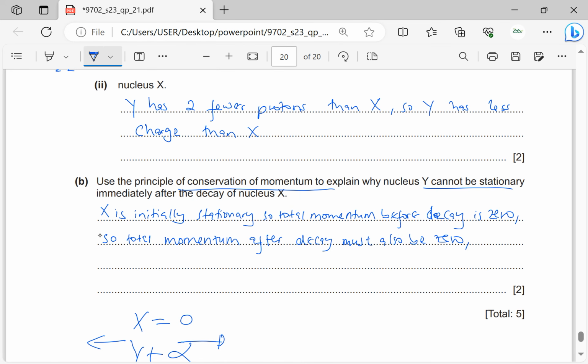And the only way we can make it 0 is that Y must have equal and opposite momentum to the alpha particle.